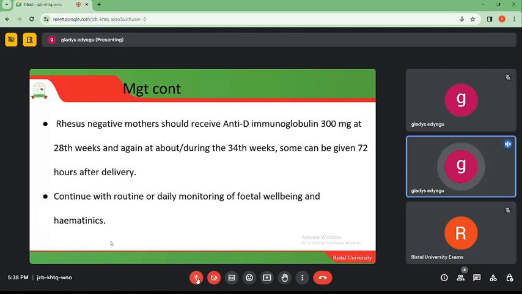We have to continue monitoring the bleeding. We have to boost the formation of the red blood cells so that the circulatory system continues being normal, so that the baby receives what is expected, the nutrients and the oxygen, for it to grow and mature if we are doing the conservative management. And also the mother herself needs to have enough blood, which will help her carry the pregnancy until she delivers normally.